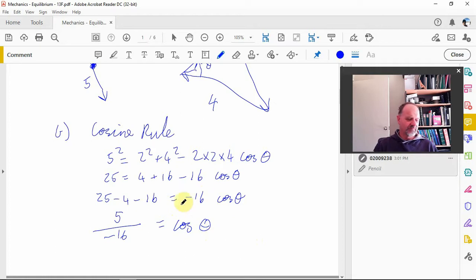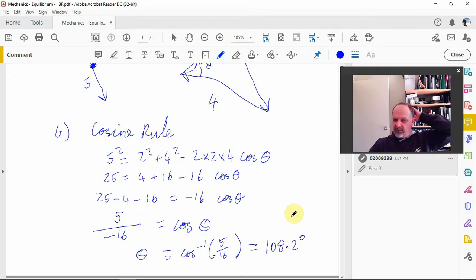And so for theta, when you stick that into your calculator, cos minus 1 of negative 5 on 16, that would be 108.2 degrees is what we get out.